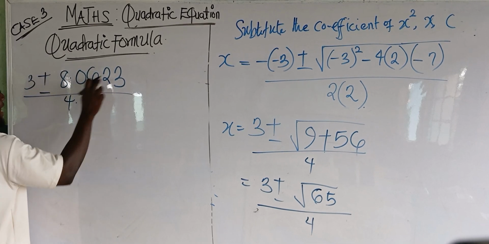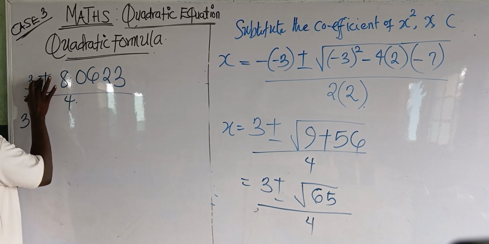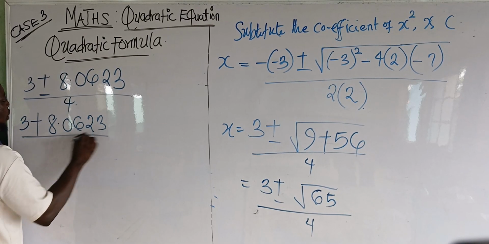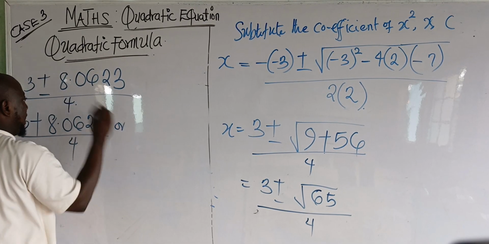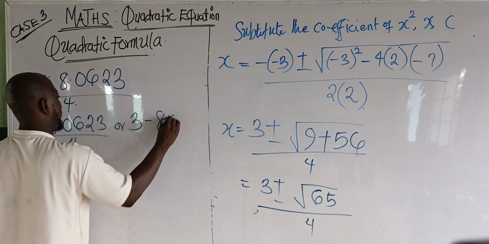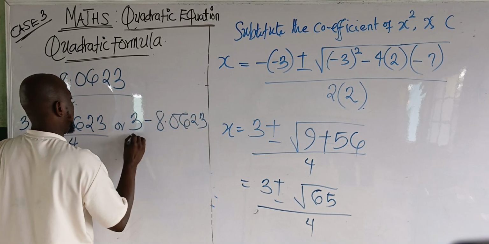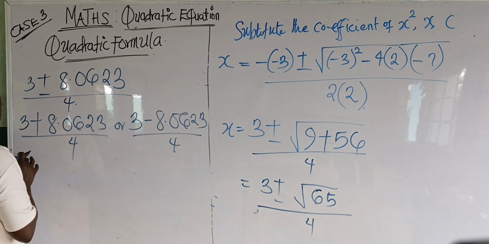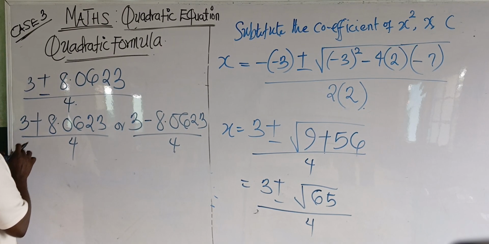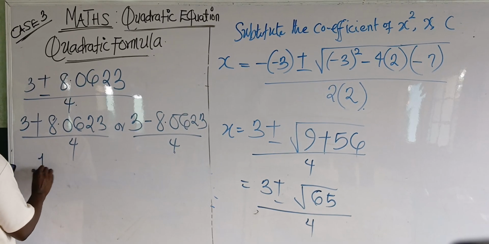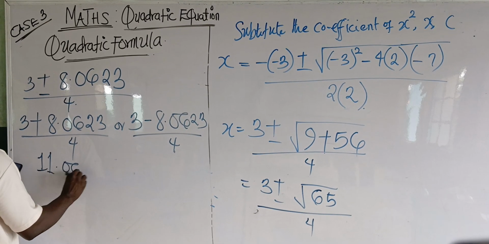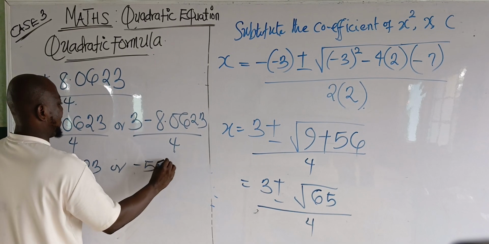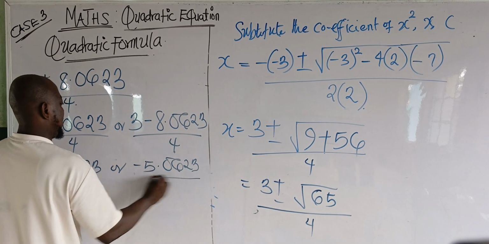Going further, here I'm going to split the sign. So I have 3 plus 8.0623 over 4, or 3 minus 8.0623 all over 4. If you add 3, I'm going to have 11.0623 over 4, and here I'll have minus 5.0623 over 4.